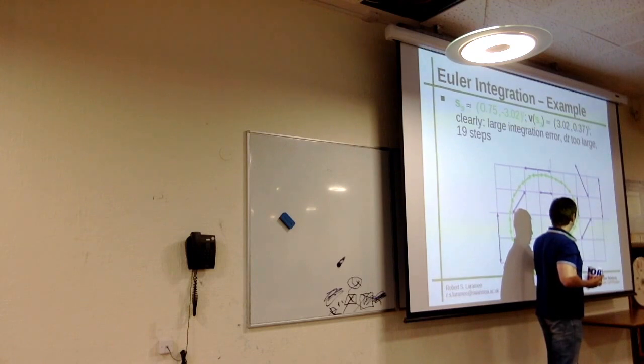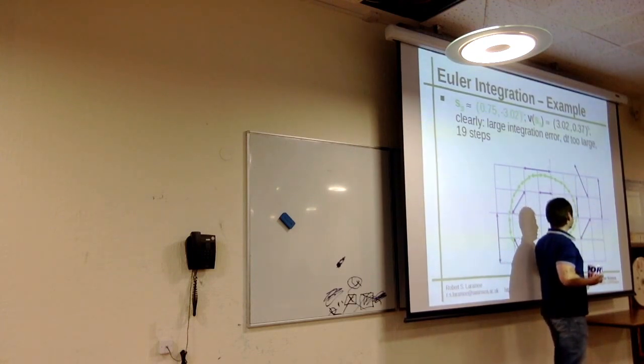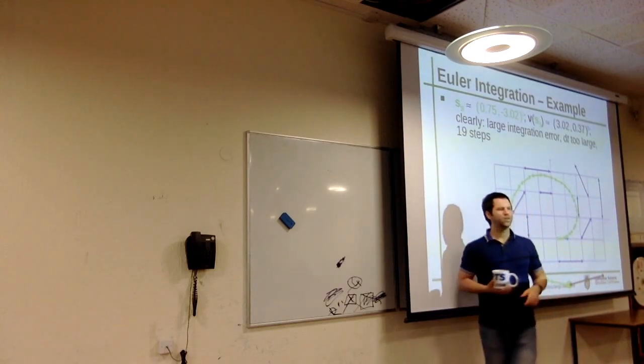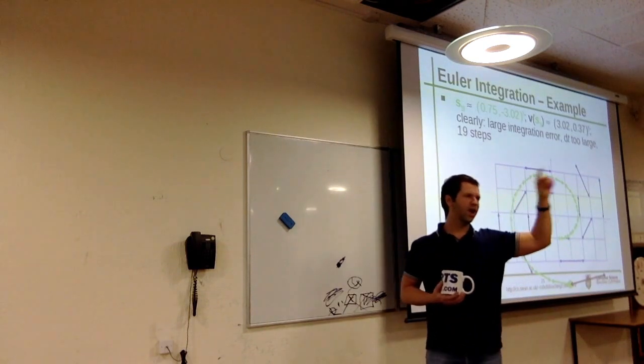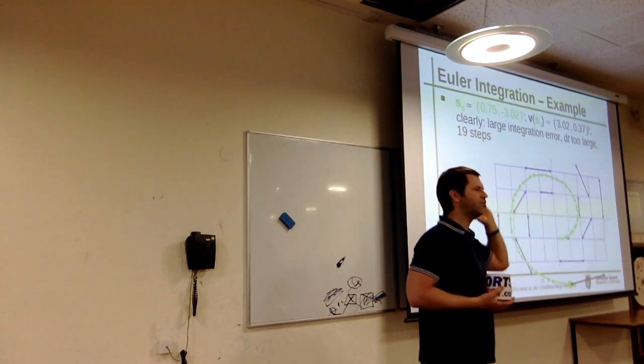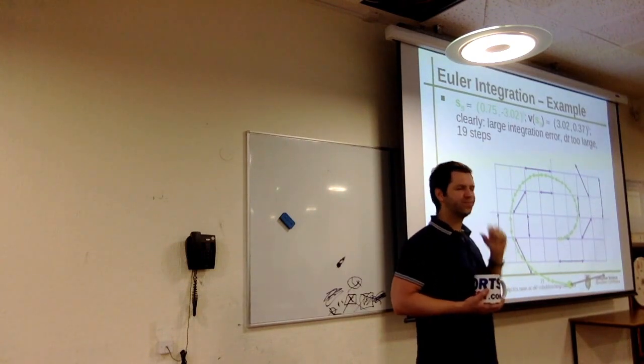And if you're here, you're going to get pushed this way a little bit, because the flow is moving like this, right? So it's just pushing the position around according to the flow. It's very intuitive in terms of just thinking about it.